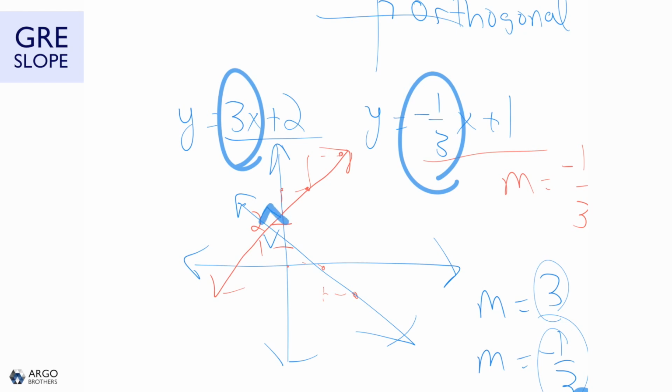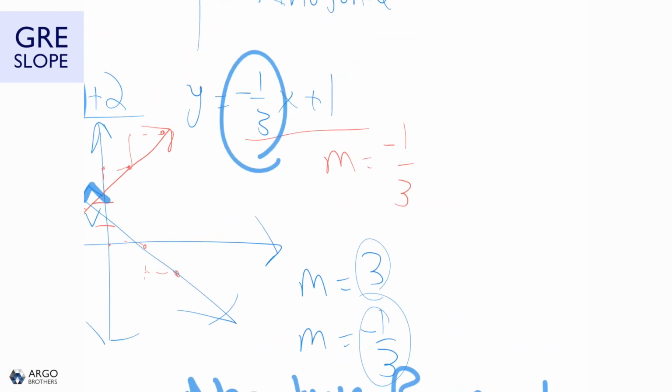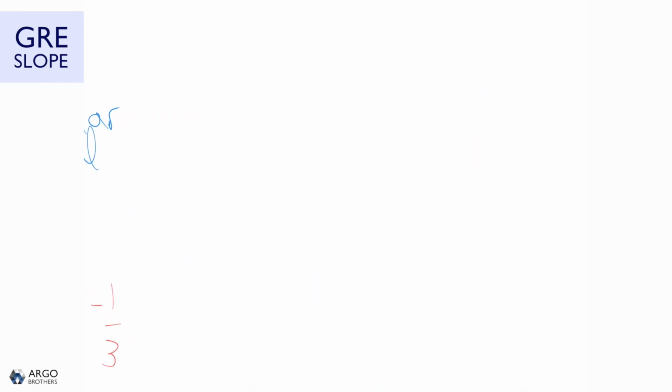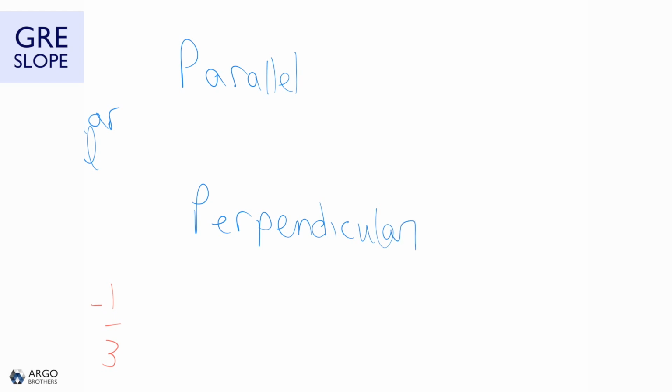Great, so now let's summarize. We went over properties of lines. We went over that lines can be parallel and they can be perpendicular. Okay, great. So these are the two main ways that we're going to analyze lines. Parallel means they have the same slope, and you know how to find slope.